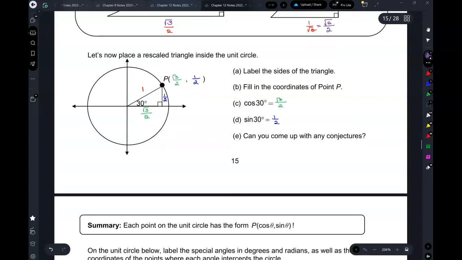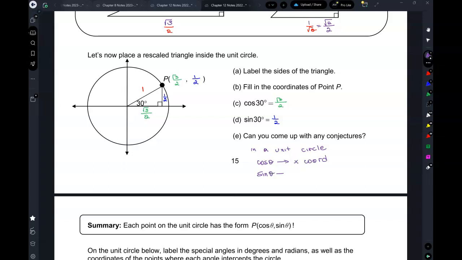So in a unit circle, cosine of theta is just the x coordinate. Sine of theta is just the y coordinate. Furthermore, remember how we had SOHCAHTOA?